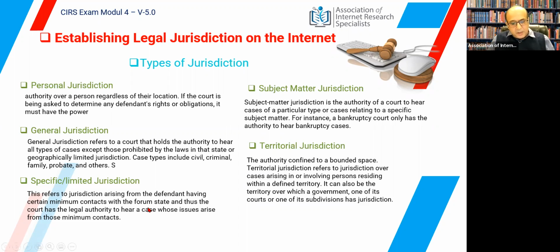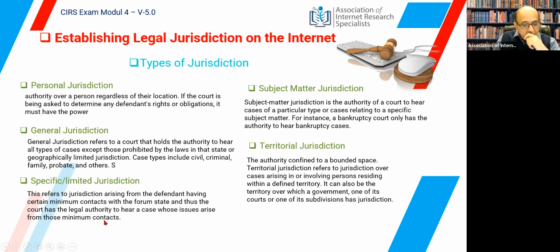Specific limited jurisdiction is sometimes temporarily given to the court. It just depends on the court system, the burden of the court, the nature of the offense, and so on. So specific limited jurisdiction has to do with the state court system hearing a case whose issue arises from minimum contact.